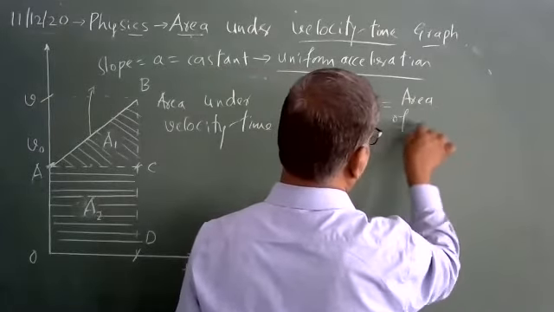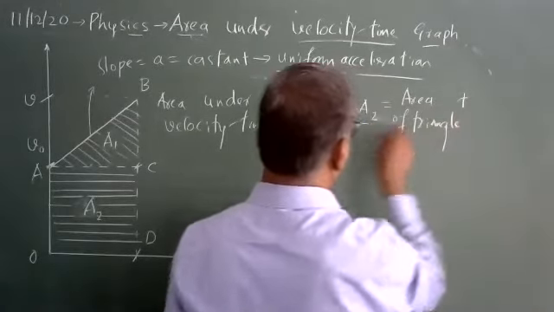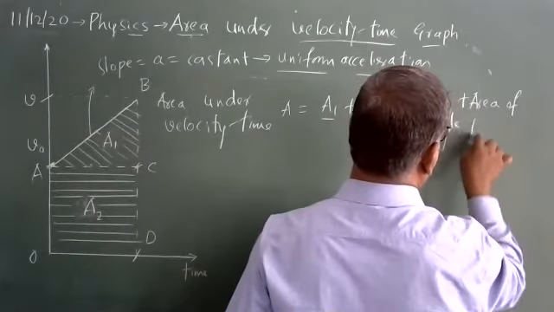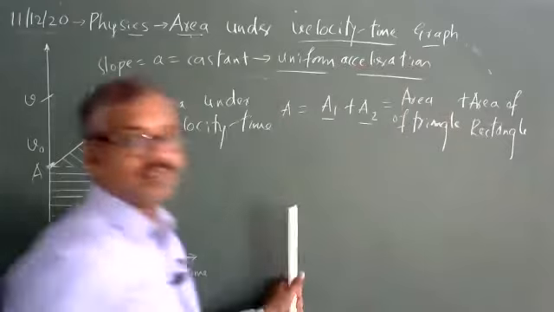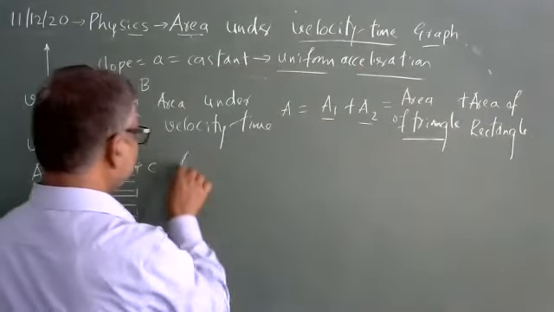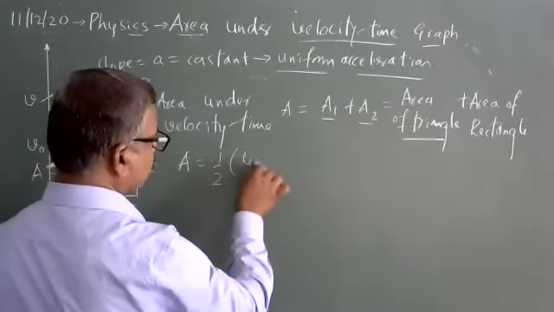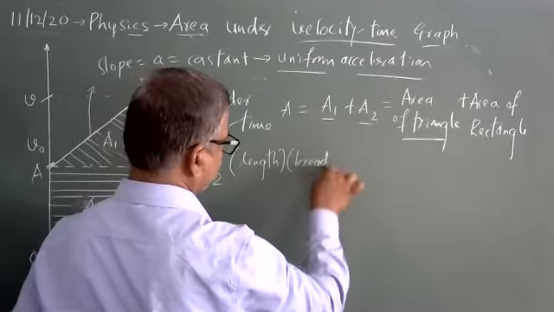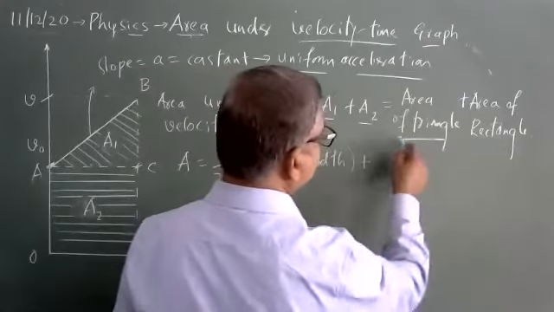Area of triangle plus area of rectangle. So what is the area of a triangle mathematically? A is equal to 1 by 2 into length into breadth, or height into breadth, plus this area.